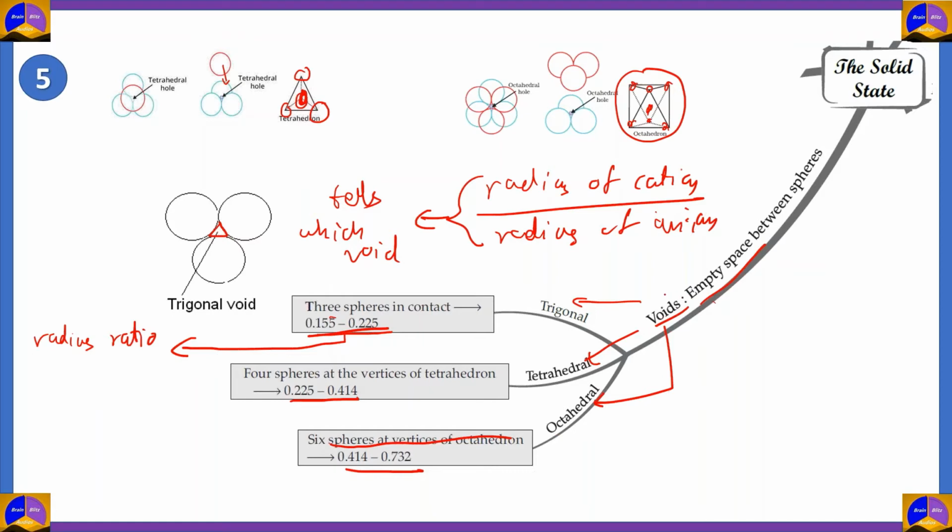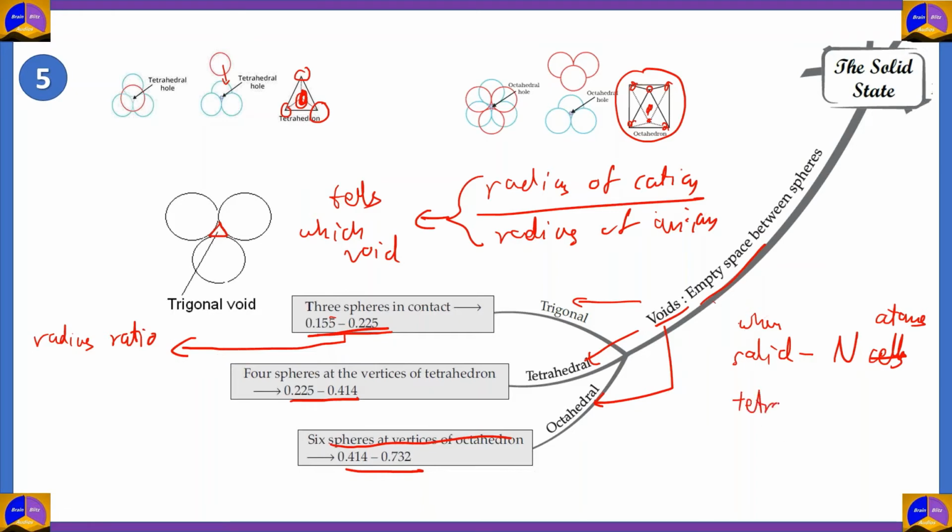This is a general overview of the 3 types of voids that are commonly found. A trigonal void has 3 spheres in contact, a tetrahedral void has 4 spheres in contact, and an octahedral void has 6 spheres in contact. Now, say we have a solid whose unit cells contain n atoms.